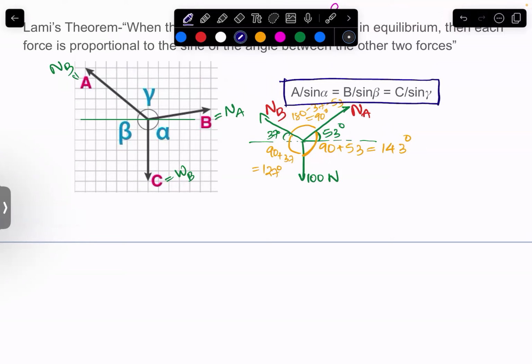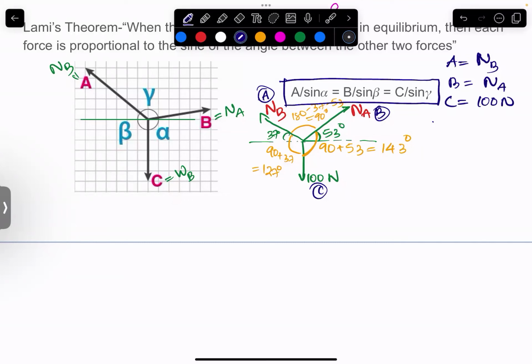So now if you want to write the equation here, you're taking these as A, B, and C. A is equal to Nb, B is equal to Na, C is equal to 100 Newton, and the angles are alpha, which is opposite to A, beta, which is opposite to B, and gamma, which is opposite to C. So alpha is opposite to A, 90 plus 53, that is 143 degree.